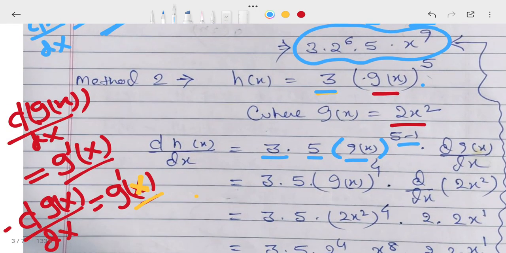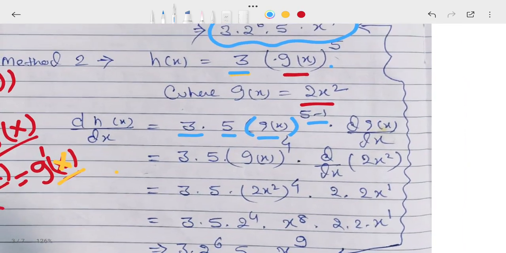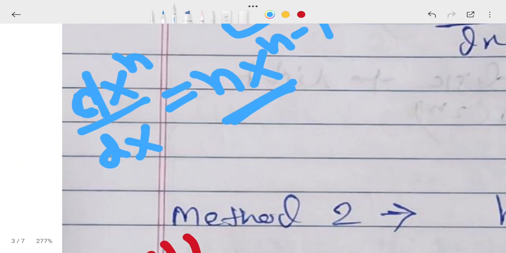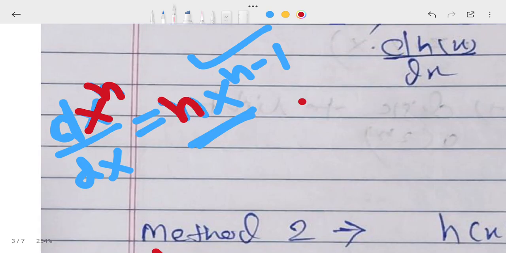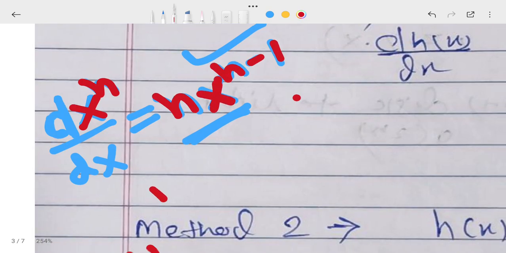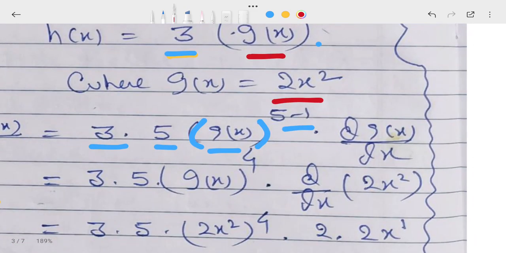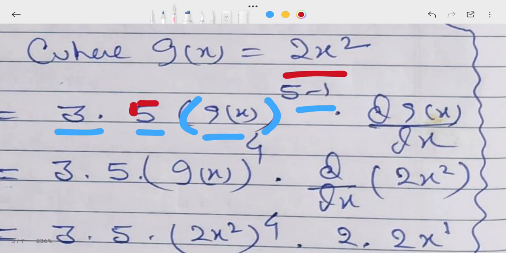Because if you differentiate any function, you can see here, d of x to the power n is equal to n x^(n-1). Now in place of x I have written a function, so this is my x, n minus 1.